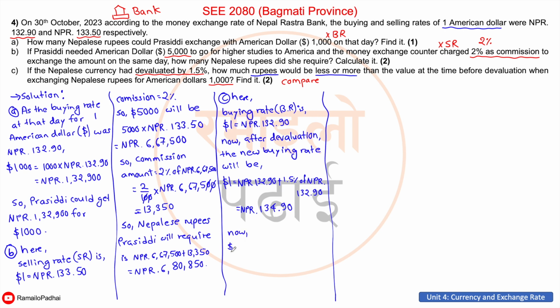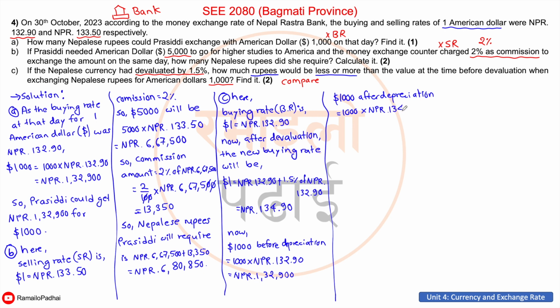Now $1,000 before depreciation is equal to 1000 times NPR 132.90, which will give NPR 1,32,900, and $1,000 after depreciation is equal to 1000 times NPR, that is 134.90, which is equal to NPR 1,34,900.